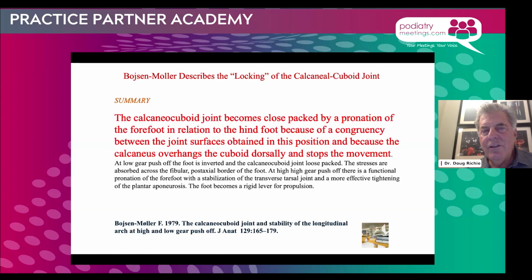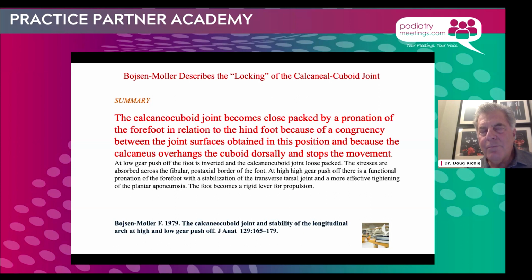He says the calcaneocuboid joint becomes closely packed by pronation of the forefoot in relation to the hindfoot because of a congruency between the joint surfaces obtained in this position, as the calcaneus overhangs the cuboid dorsally and stops the movement.